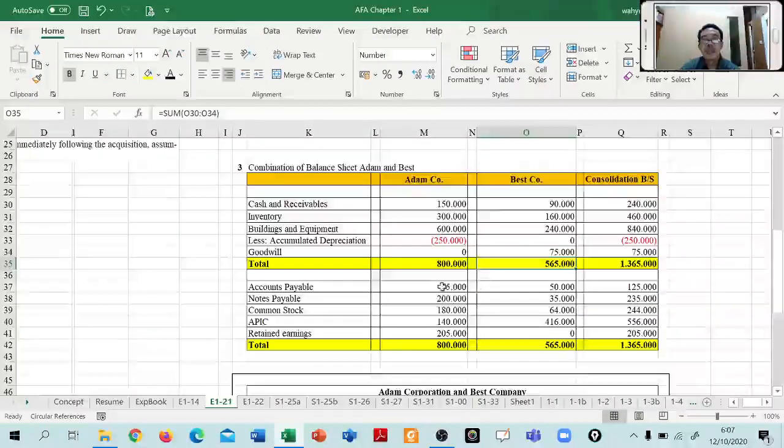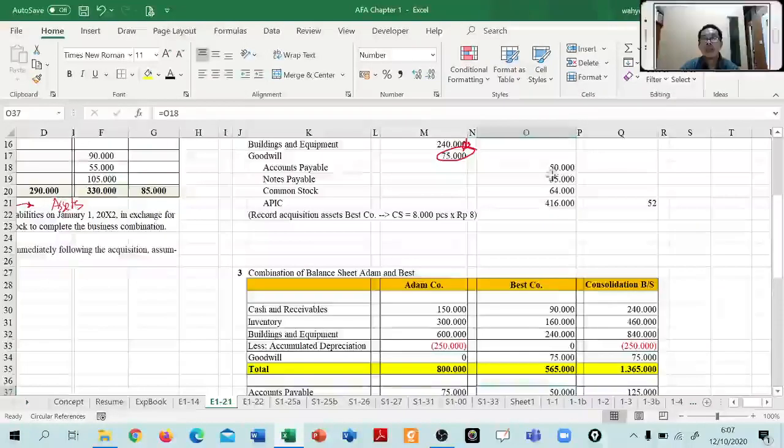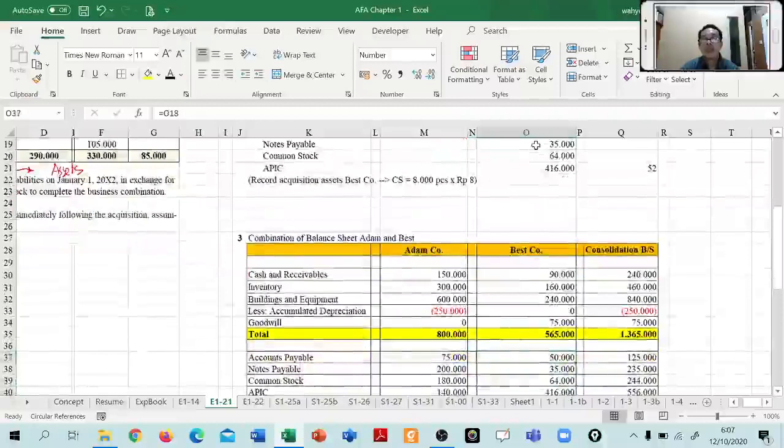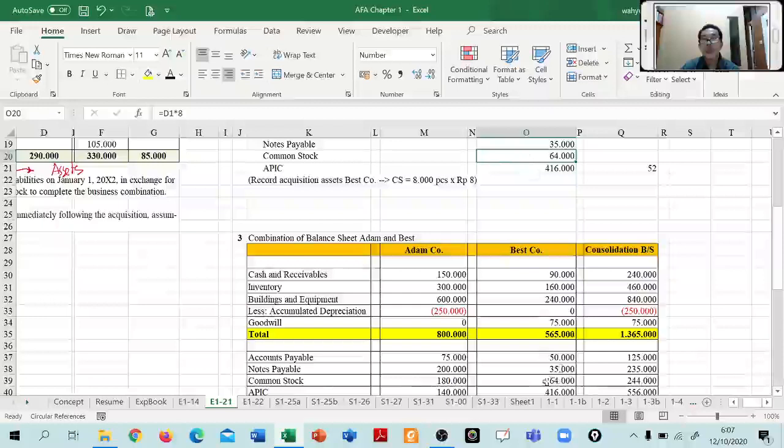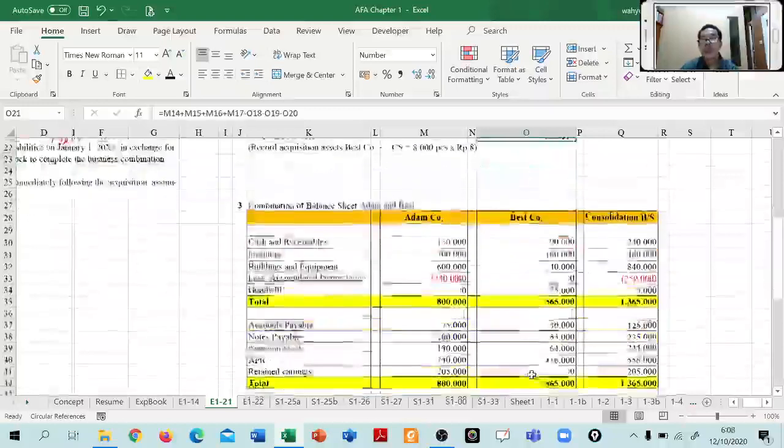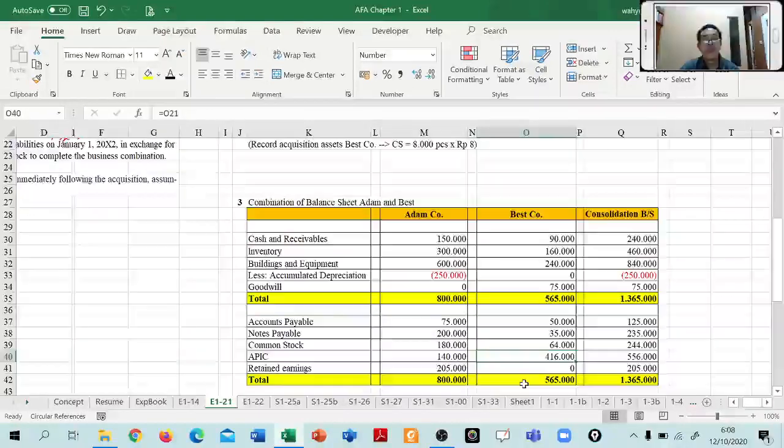And then liability and equity: account payable 50,000, notes payable 35,000, common stock 64,000, and additional paid-in capital 416,000.